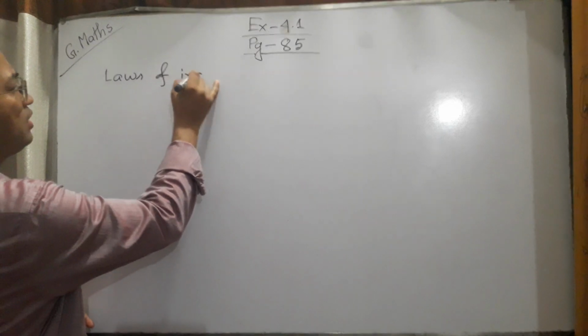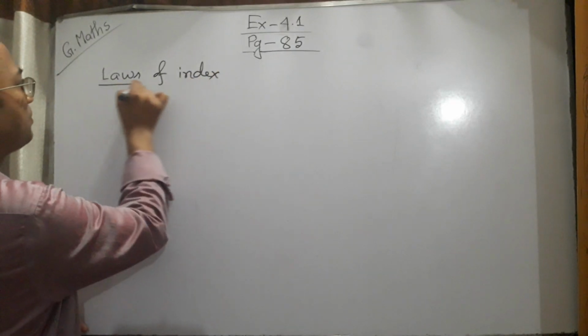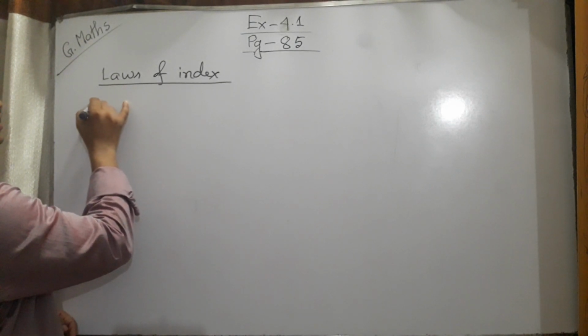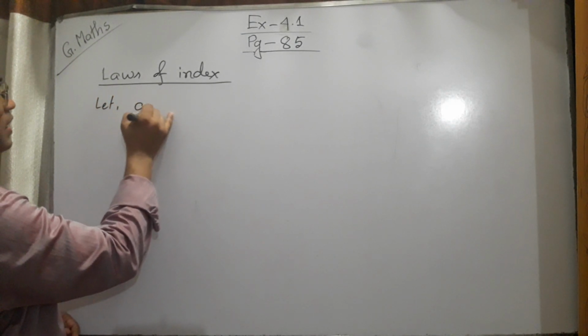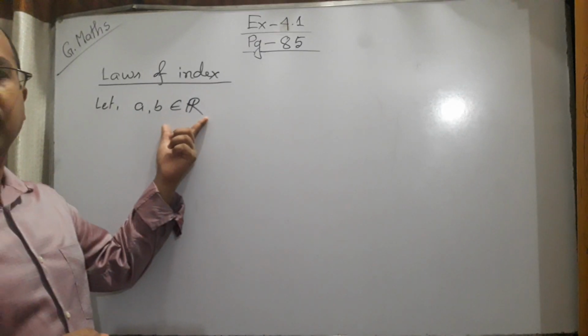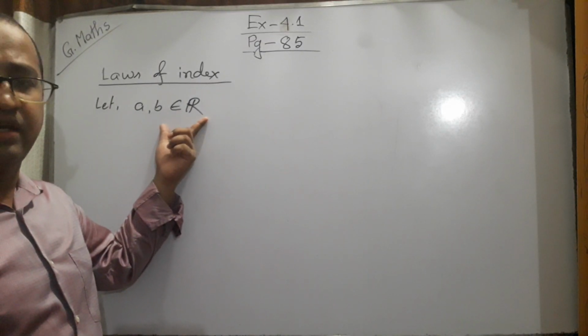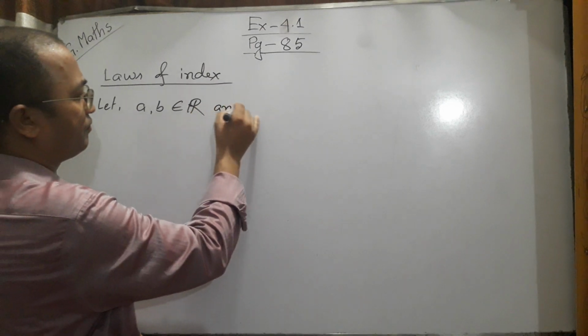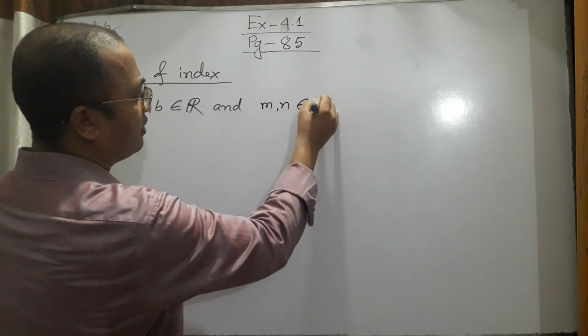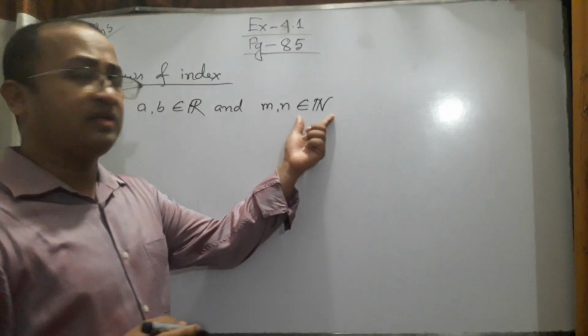Laws of index, that is power also. Now let a, b be in R, that means a and b are real numbers, and m, n in N, that is natural numbers.